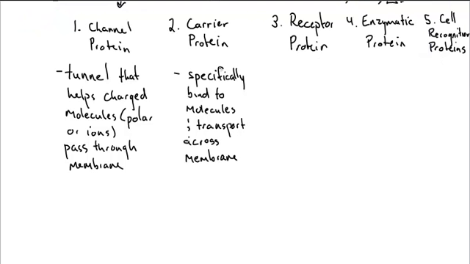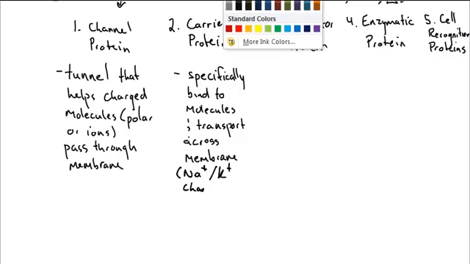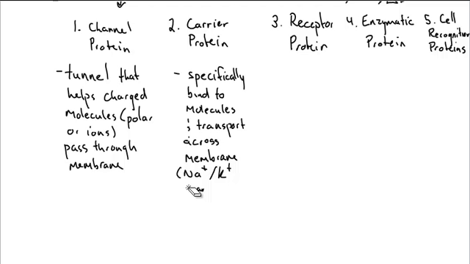A very prominent example of this that we're going to look at when we get to the nervous system is sodium, Na, and potassium, K, channels. Or I should say, not channels, sorry, pumps, of the nervous system.